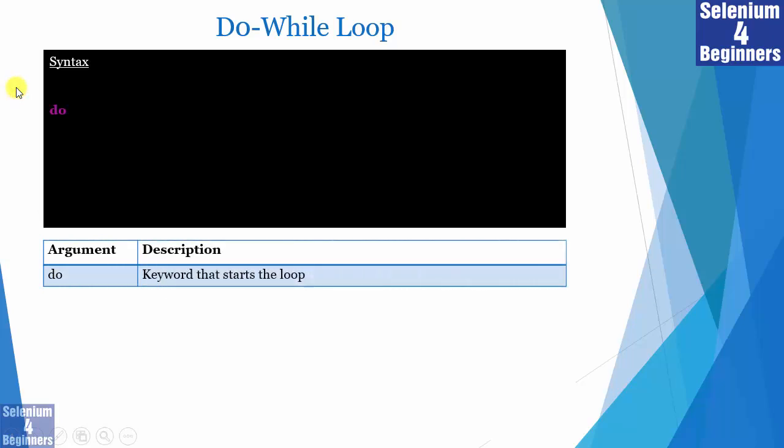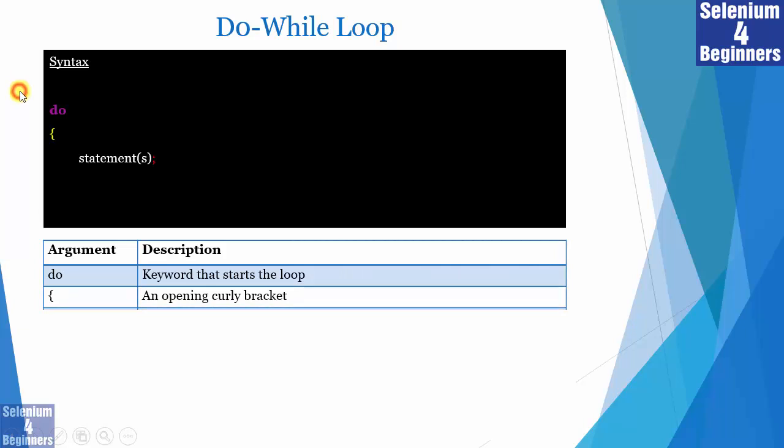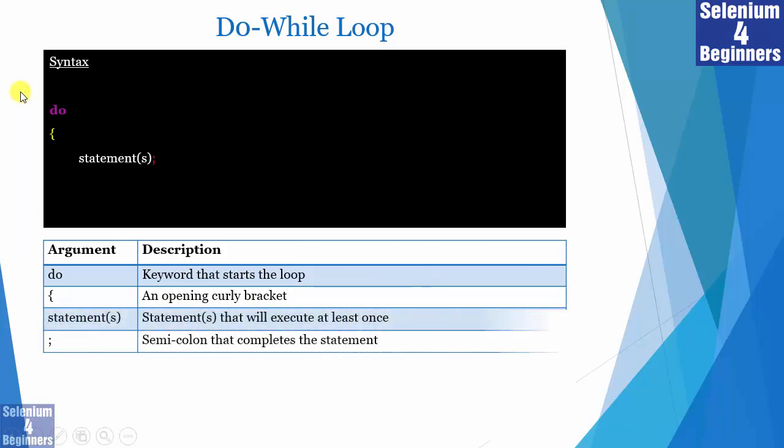Last is the do while loop, and it starts with keyword do, followed by an opening bracket. Then we have a statement and a semicolon. This guarantees the statement will get executed at least one time.